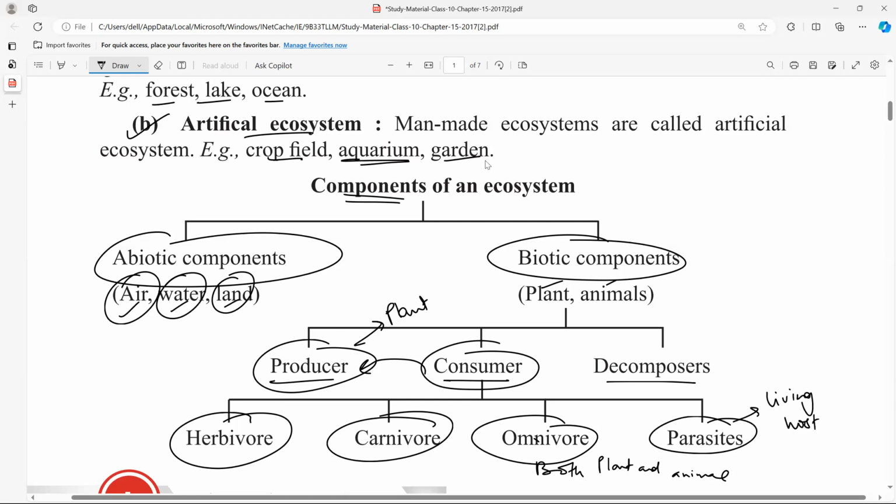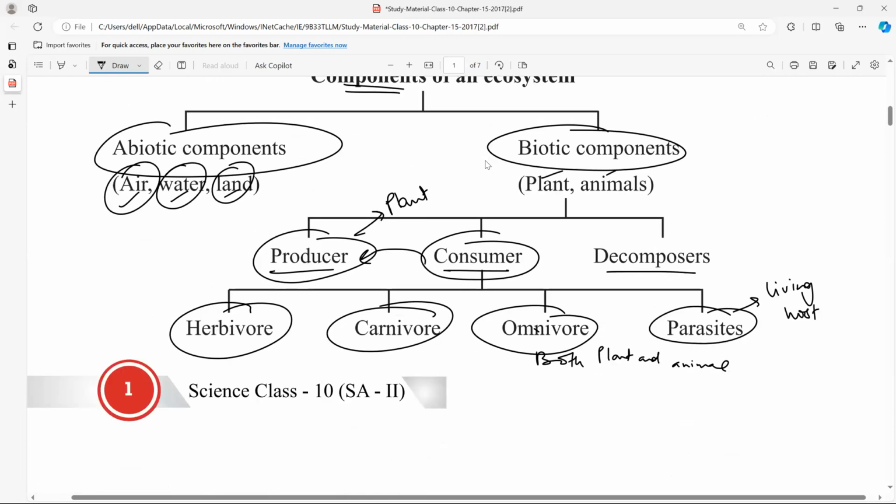Make a rough note of this chart: producers, consumers, decomposers, and consumers have herbivores, carnivores, omnivores, and parasites.